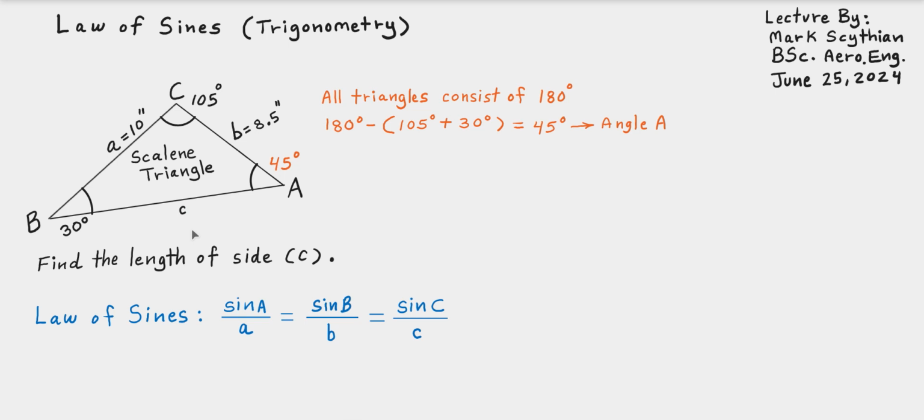So the law of sines is simply the ratio of the sine of angle A divided into side little a made equal to the sine of capital B or angle B divided into side little b, then also made equal to the sine of angle C divided into side little c.